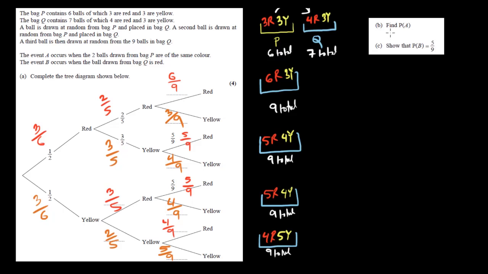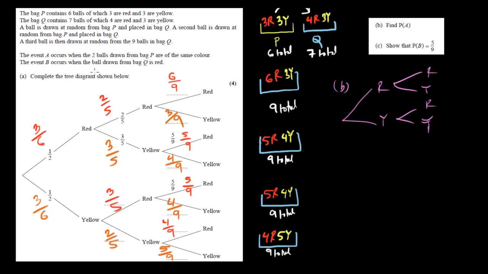So we have to find the probability of event A. Now what is event A? Event A means they're saying you don't have to worry about bag Q, just think about bag P. So bag P is basically this. So this is red, yellow, red, yellow. That is basically bag P. So event A means 2 items removed from bag P. So for event A, just think about this tree diagram.